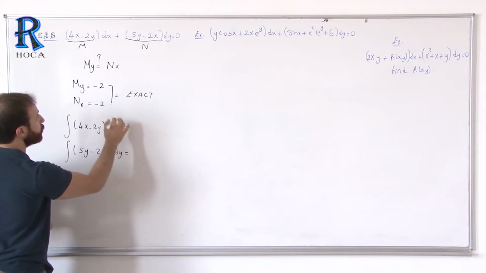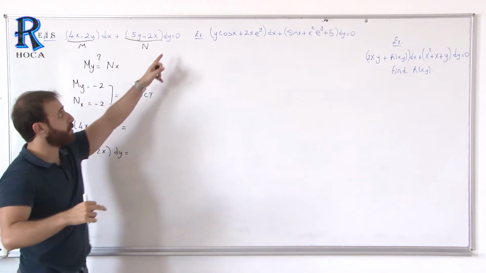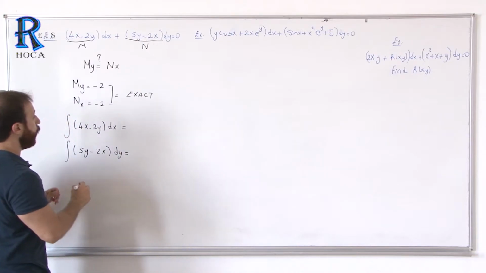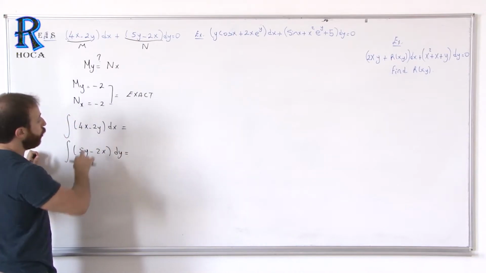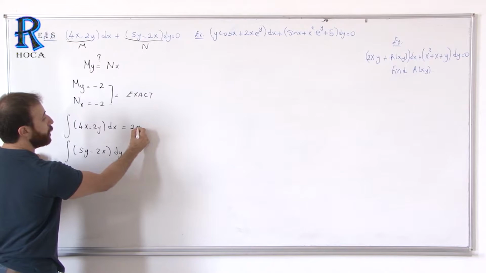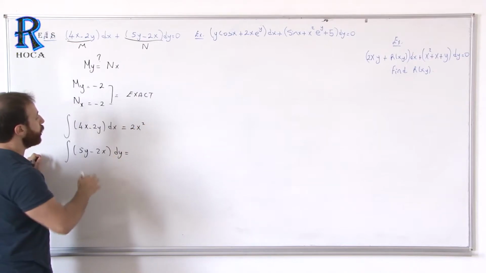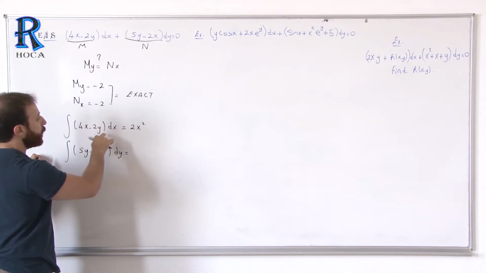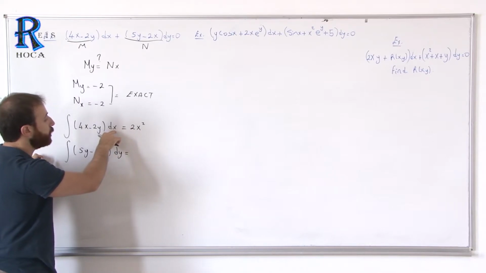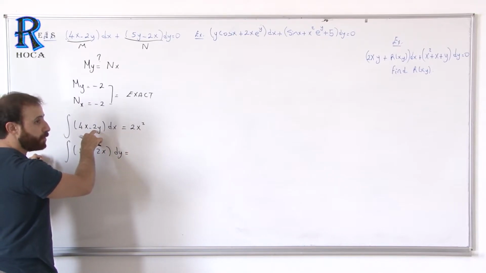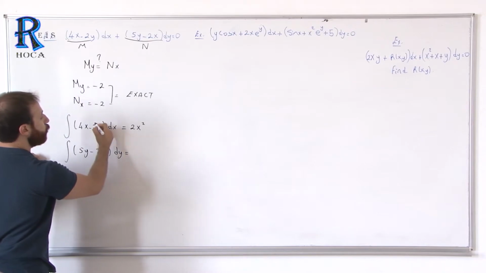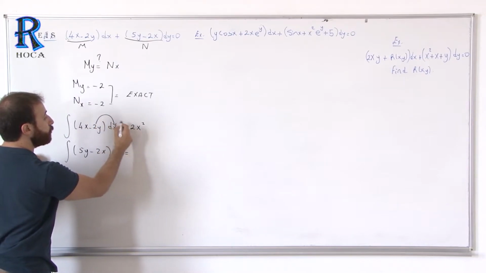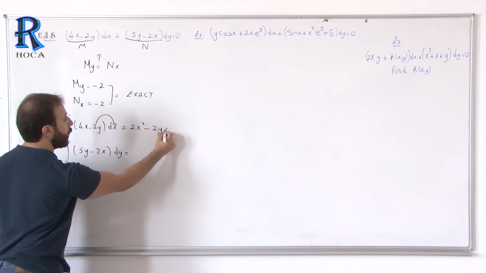But be careful: first integral with respect to x and the second one with respect to y. With respect to x, 4x squared over 2 will be 2x squared. Minus 2y, are there any terms of x? Because we are taking with respect to x, there is no x, it means constant. What's the integral of a constant? Itself times the variable, that is minus 2yx.